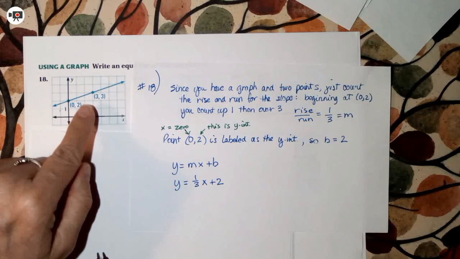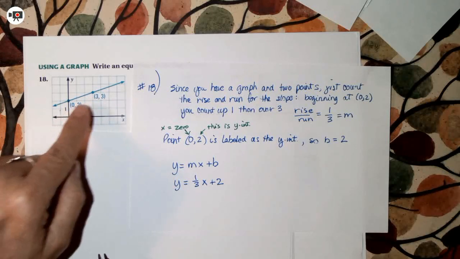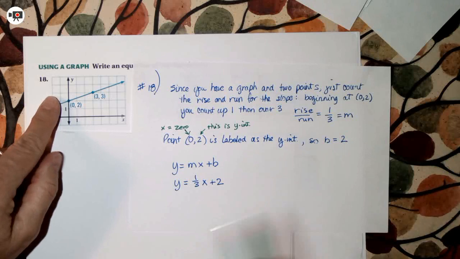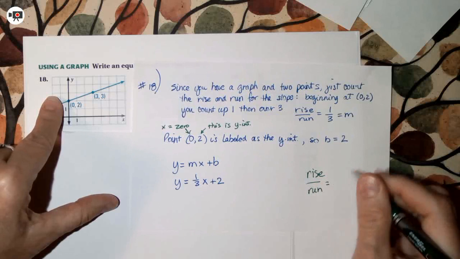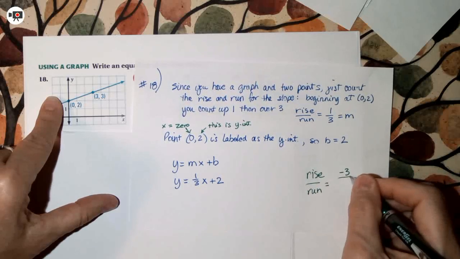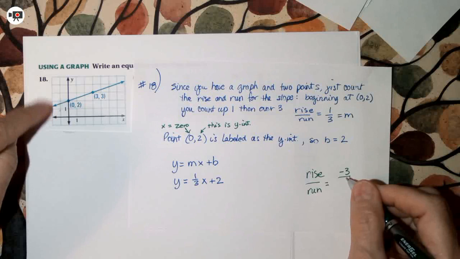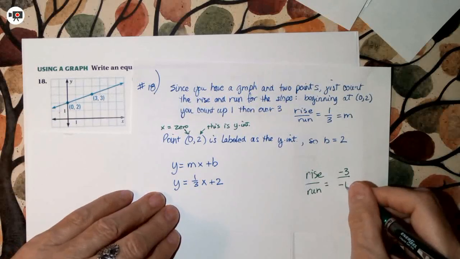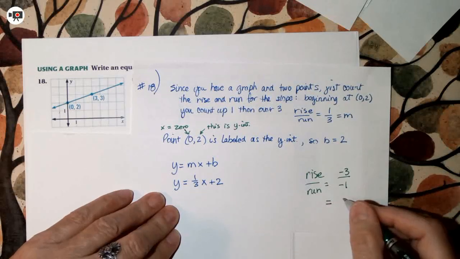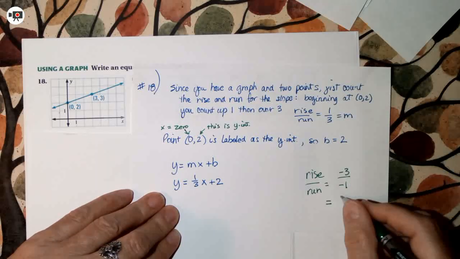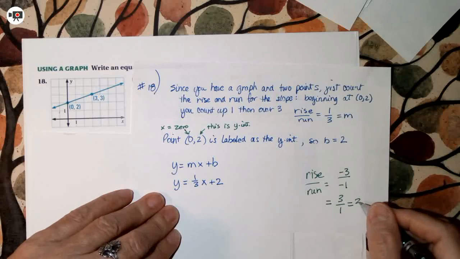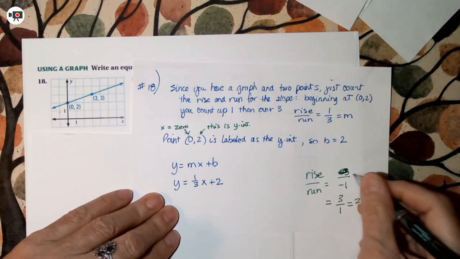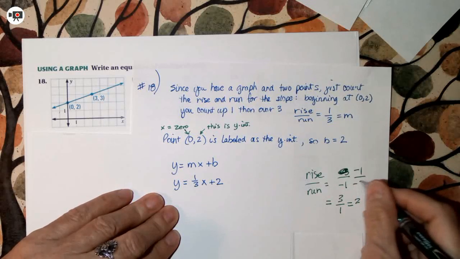Look, going from the 3, 3 to the 0, 2, that would be running backwards, or negative, so the rise over the run would be, run backwards -3, and fall down instead of rising, -1, which simplifies... Oh, I just did that wrong. I'm sorry. The rise was -1 and the run is -3.